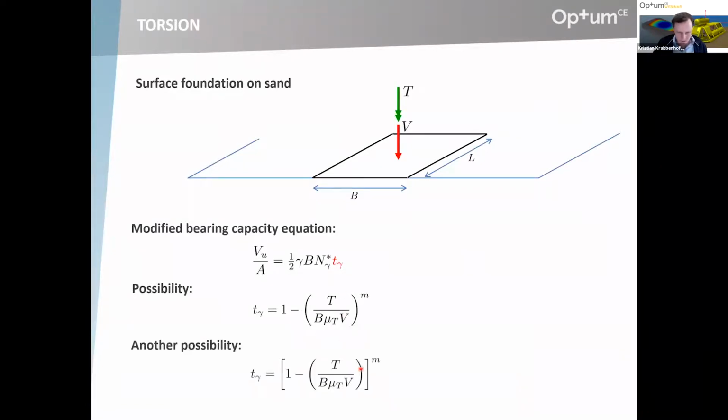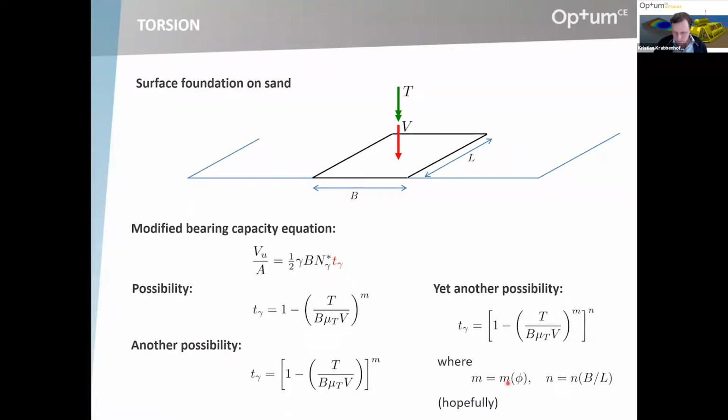Another possibility is like that, take the bracket, put the brackets out here and the M there. And yet another possibility, a combination of the two, and that turns out to be necessary if you want to fit the results. So two factors, M and N, where you would hope, and that's what preliminary results indicate, that one is a function of the friction angle, and another is a function of the geometry.